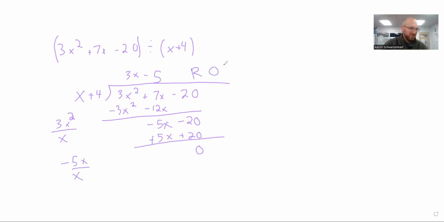Okay, remainder of 0 means, well, 3x squared plus 7x minus 20 means it is a factor. It means x plus 4 is a factor and 3x minus 5 is the other factor.